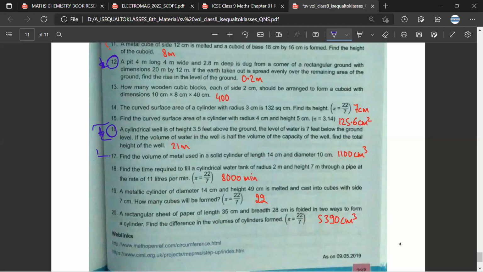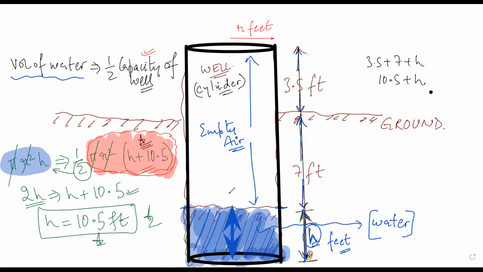Find the total height of the well. Okay. Now, because he is asking you the total height, so this depth is 10.5 feet. So the total height would be 10.5 plus 10.5, which will be equal to 21 feet.